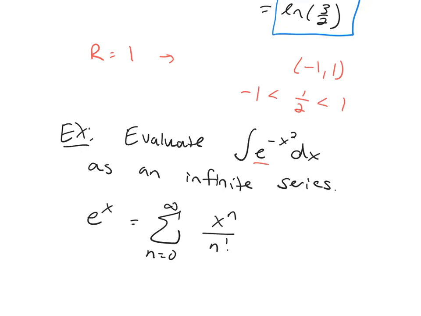So what's the difference between e to the x and e to the minus x squared? The exponents are a little different, but the base is still the same. So all we've got to do to get my Maclaurin series is take this x here and replace it with a minus x squared in the formula.